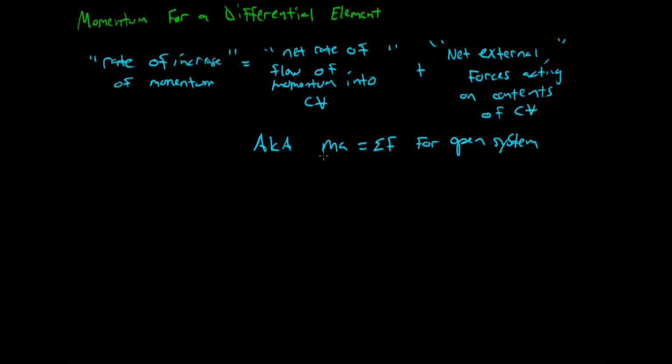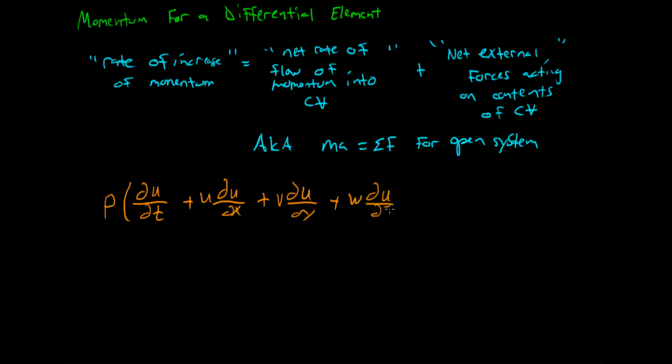Okay, so what does ma look like for our system? Well, we've done this in kinematics. In the x direction, we have rho times du dt plus u du dx plus v du dy plus w du dz.